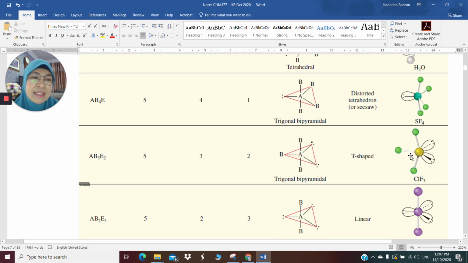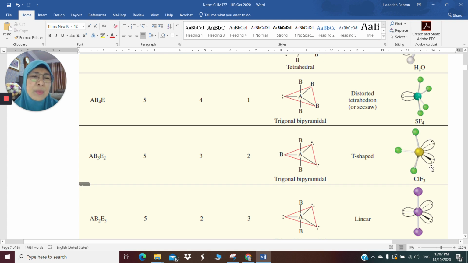Well, it is a T-shaped geometry, because if you can recall, from here to there is 90 degrees in an ideal trigonal bipyramidal. From here through A to B is 90 degrees. So what actually happened is this angle becoming smaller than 90 degrees due to the big repulsion from the lone pairs of electrons there.